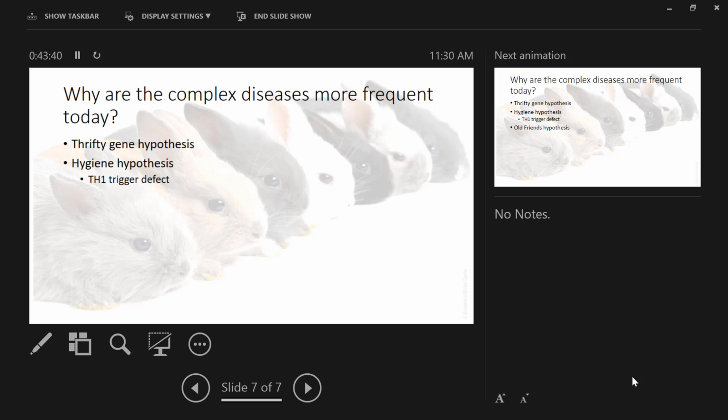Your immune system needs to be exposed to foreign material and needs to learn how to fight certain pathogens. It needs to learn how to fight bacteria and viruses and parasites. And when you live in a really clean society where your water is super purified and your food is super purified, and when you try to stick your nasty, muddy hands in your mouth, people are like, no, don't do that. It's like you don't give your immune system something to fight.